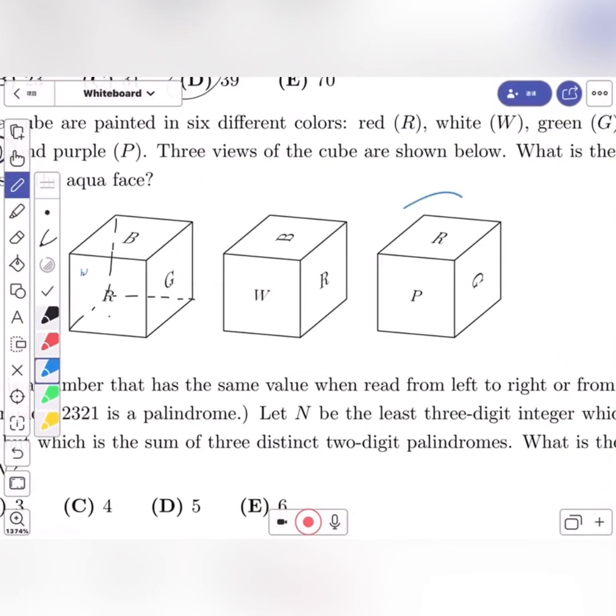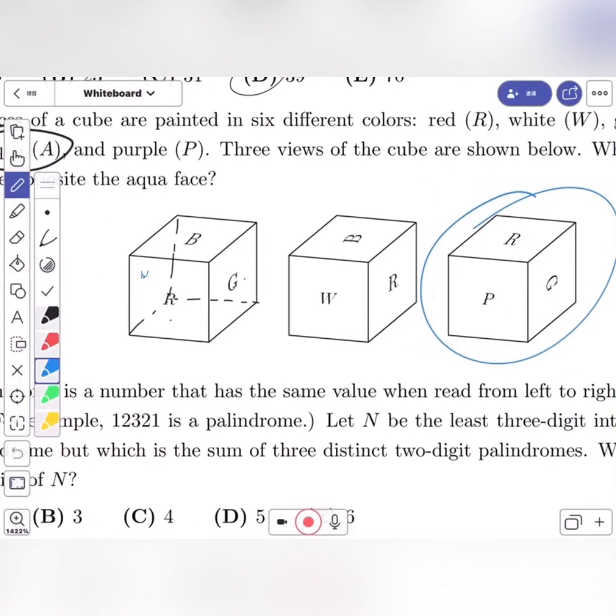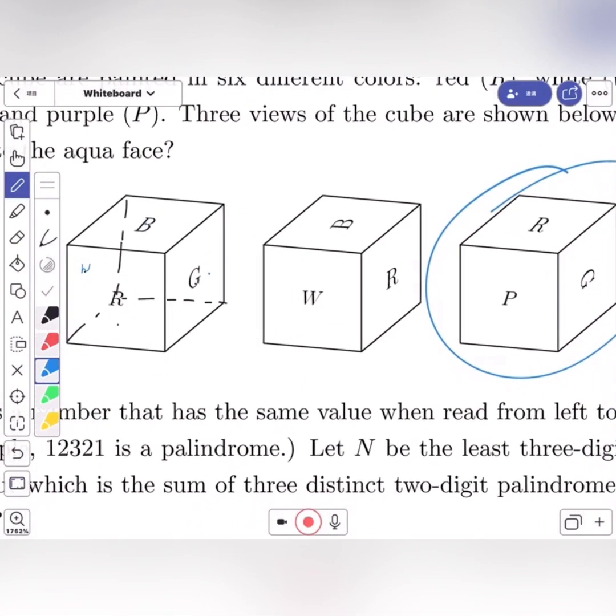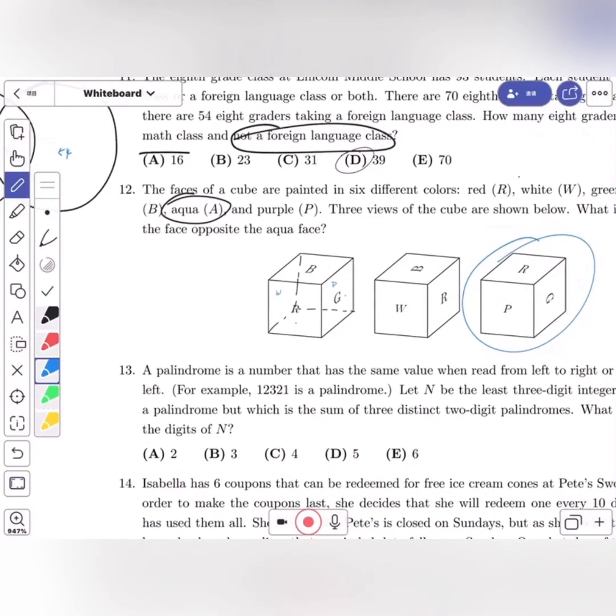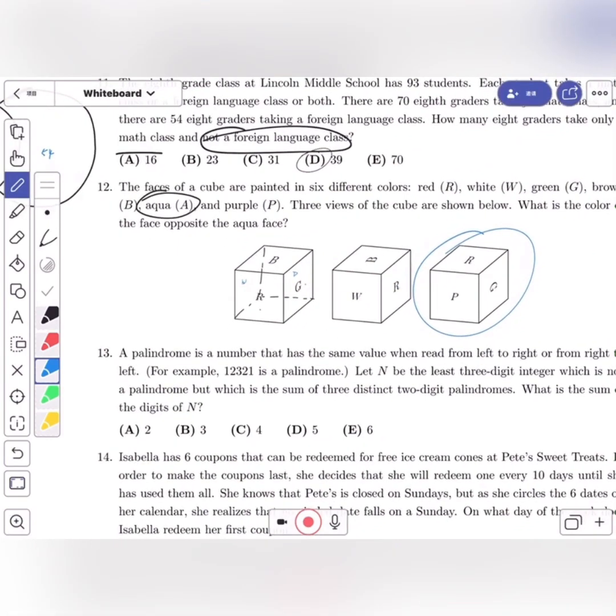Now we take a look at this one. So BG, and we know that there are two faces that are adjacent to B and G, and R already occupies one of them, so therefore I believe that P should be the opposite face of R. Oh, actually, excuse me.